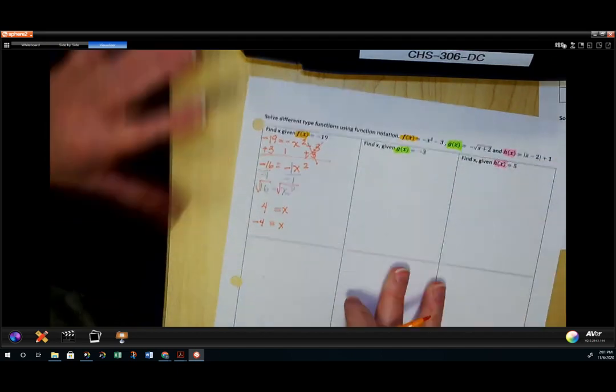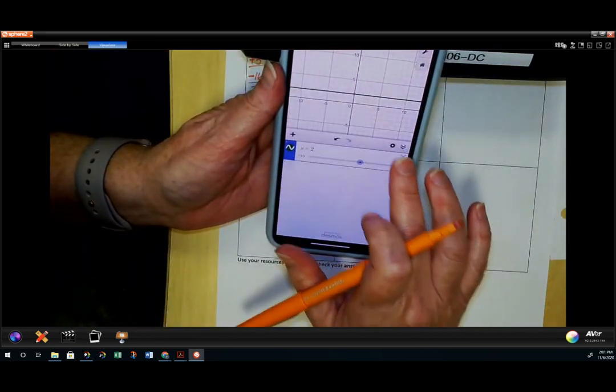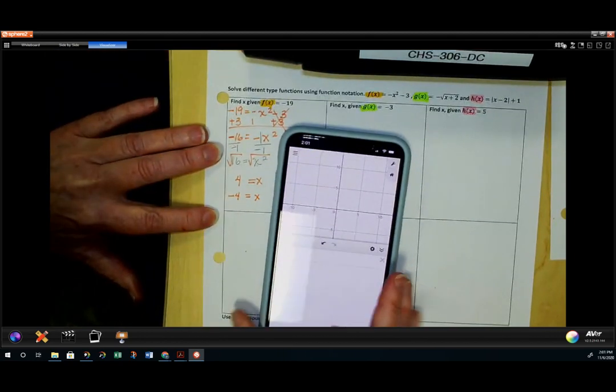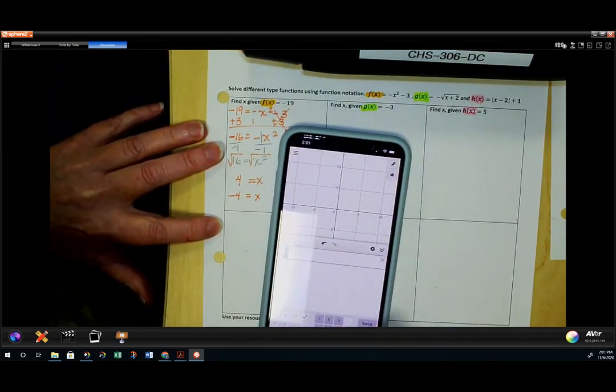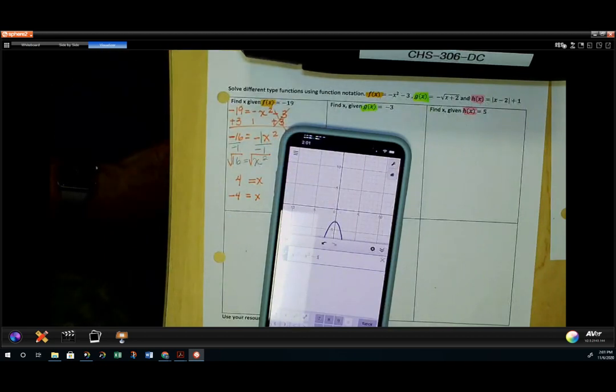So down here, you're going to use your little Desmos friend to check it. Again, we type this in. My function rule was y equals negative x squared minus 3.